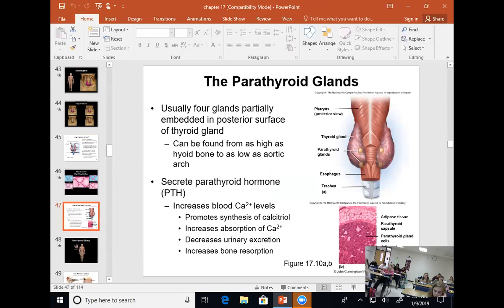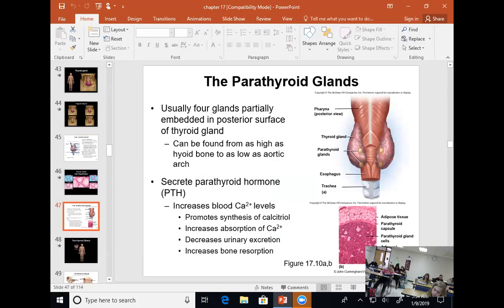So the intestines are targeted so that if you eat something with calcium, it can be absorbed. And it's also going to target the kidneys, not only for calcitriol secretion, but also so that the kidneys won't filter the calcium out. What did I tell y'all urine really just is? What is it?